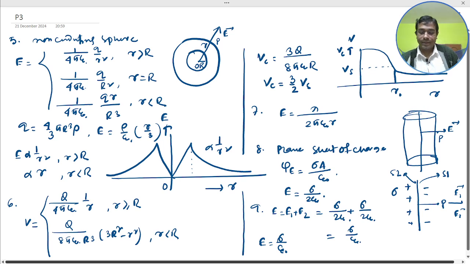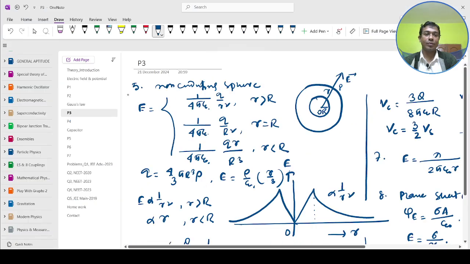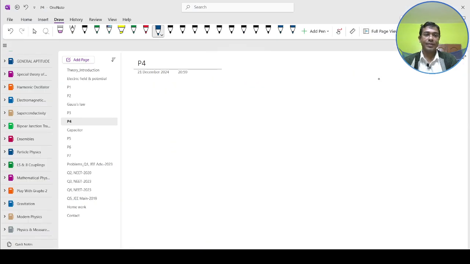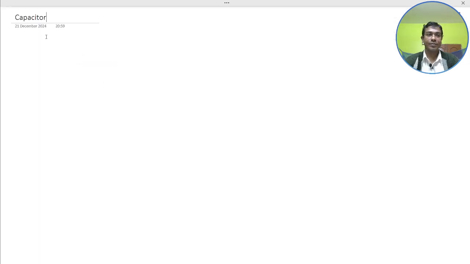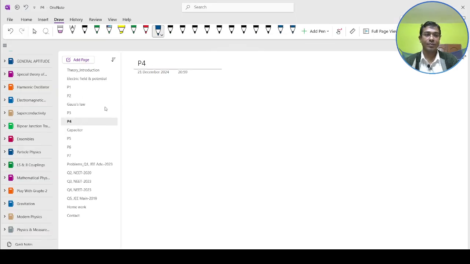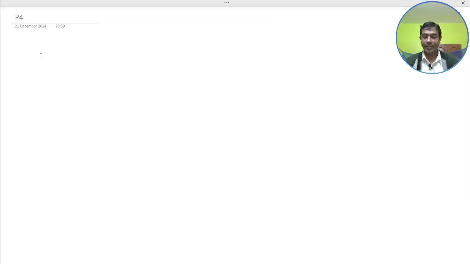Now one thing is the relationship between the intensity of electric field and potential due to parallel and opposite non-conducting sheets. So last one is that for the non-conducting sheet, this is a sheet here and this is a sheet.